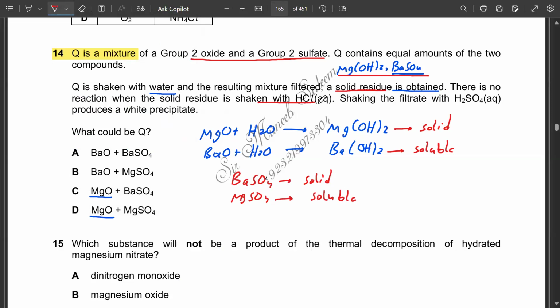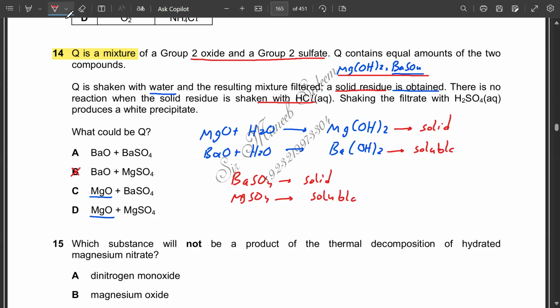Now it means that all the options could be from here, A, B, C, D, but not the magnesium sulfate, because magnesium sulfate is soluble. So we can take out this option. And barium hydroxide was soluble, magnesium sulfate was soluble. So option B becomes incorrect from the first statement.